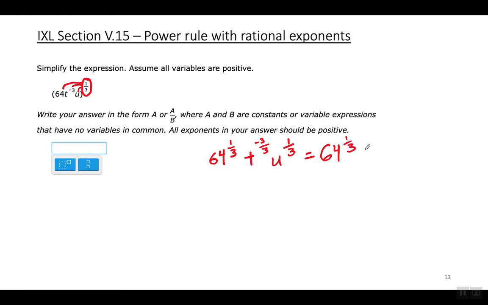Negative 3 divided by 3 is negative 1. So let me first deal with that. So first let's get rid of that negative exponent. So I'm going to have this 64 to the 1/3 power over t to the first power. I don't write the 1. u to the 1/3 power.